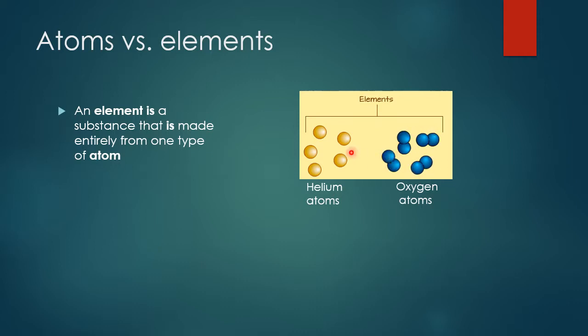An atom is the name of the general particle, so any of these small pieces would be called an atom. But an element is when we give it a name. For example, we name it helium. That's the name of the element. We name this oxygen. That's the name of the element.